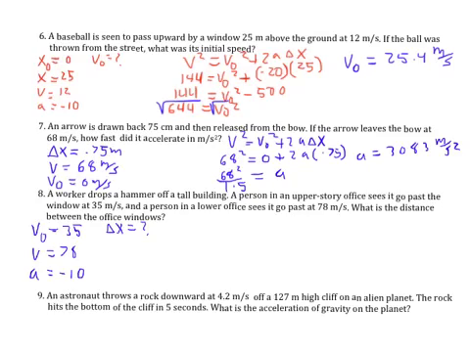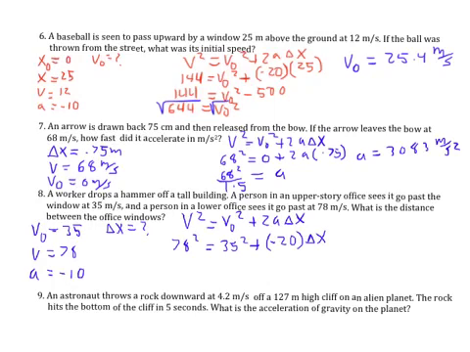My goodness, I get the sense that Mr. Sampson likes this equation here. v squared equals v naught squared plus 2a delta x. In this case, we're solving for delta x. So 78 squared equals 35 squared plus 2 times negative 10, which is negative 20, delta x.